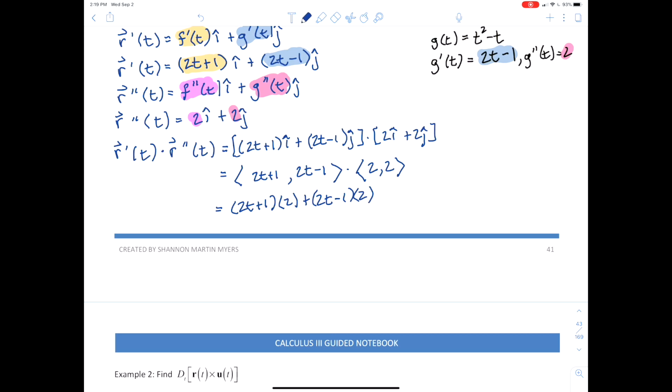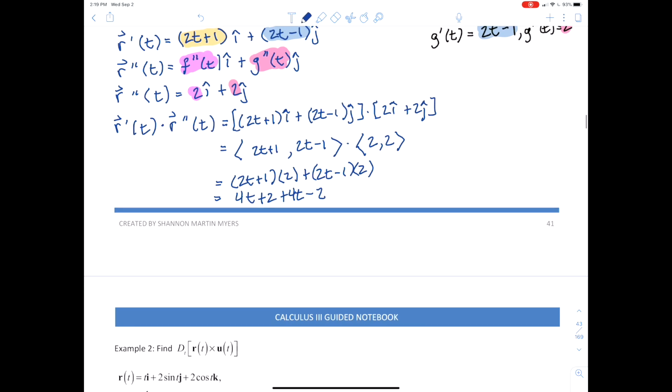And that's going to give us 4t plus 2 plus 4t minus 2, which is 8t. Cool so far?